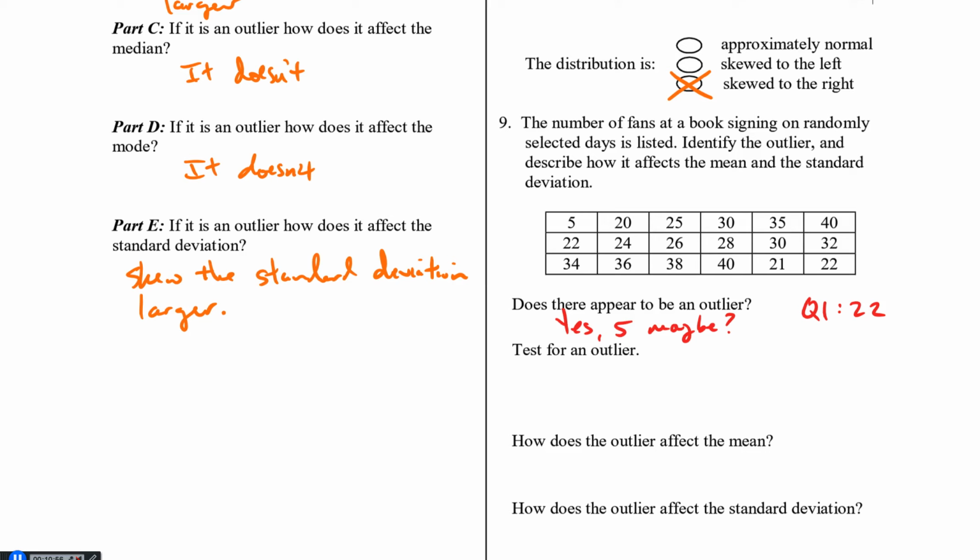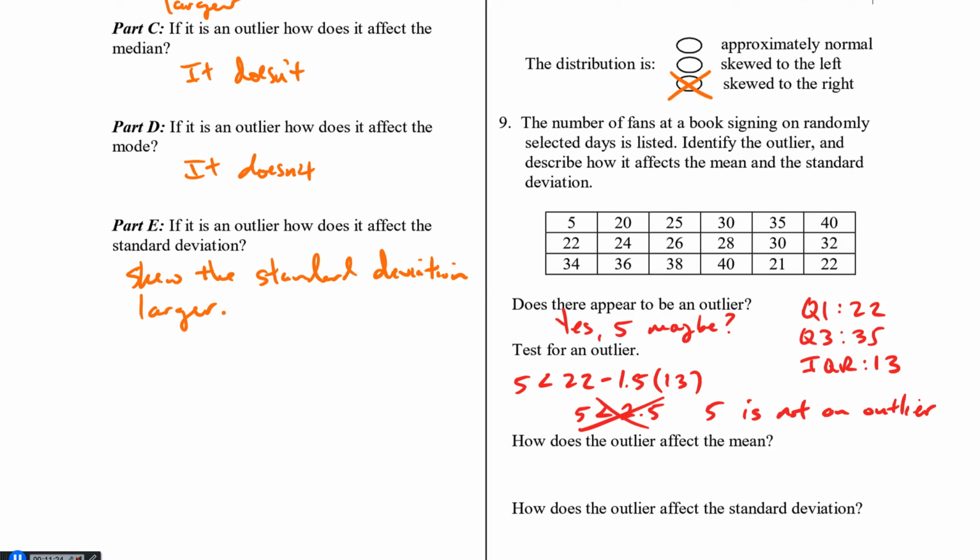We're going to find Q3, which is 35, and the interquartile range, which is going to be 13. And we're going to test, is 5 less than 22 minus 1.5 times 13? It turns out that 5 has to be less than 2.5, which is not true. So 5 is not an outlier.